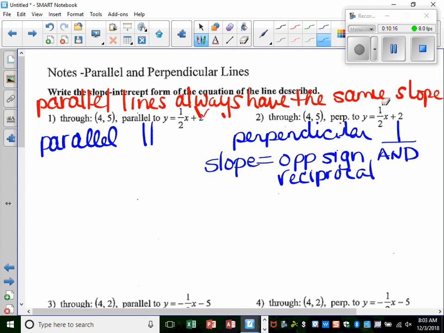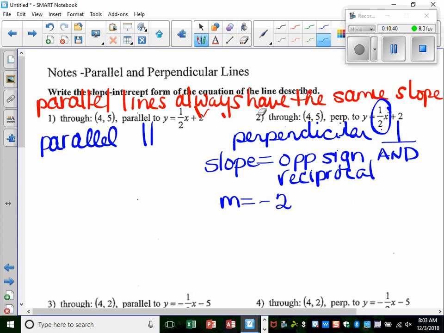So if I flip negative 1/2, I'm going to get negative what? -2, and I don't need to say -2/1. Okay, so what I did was I took the opposite sign of the positive number, it got negative, and then I reversed the numerator and denominator, and that's a -2. So this is the slope you're going to use for perpendicular.